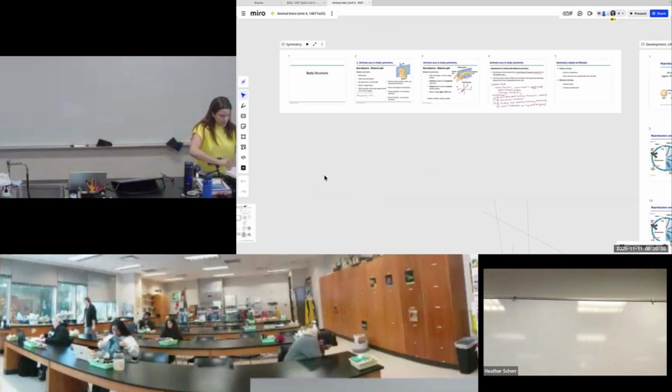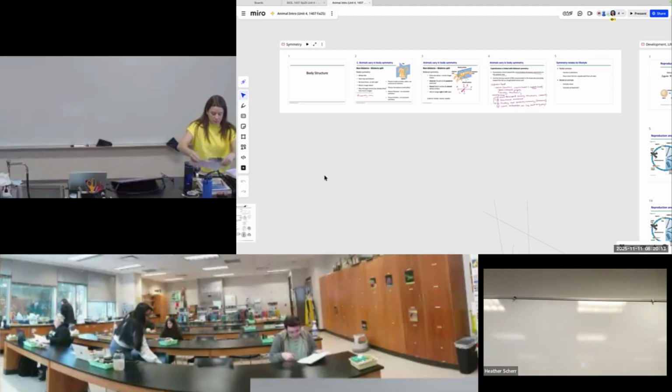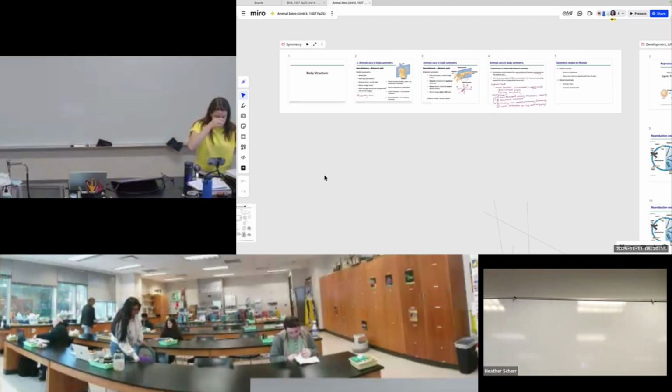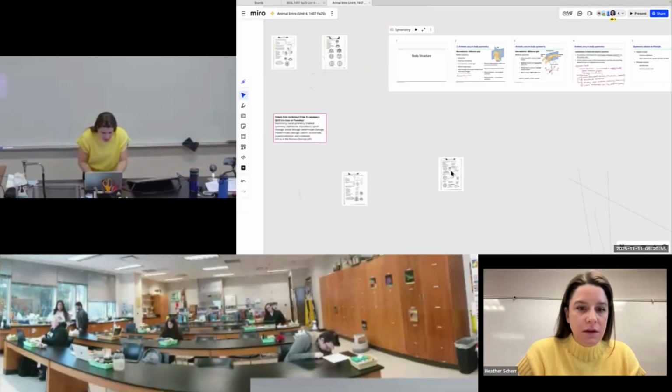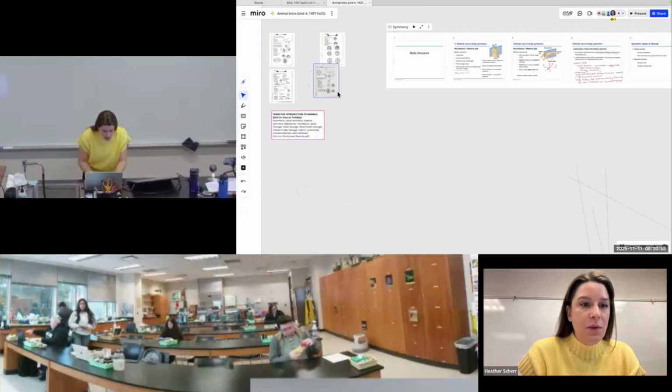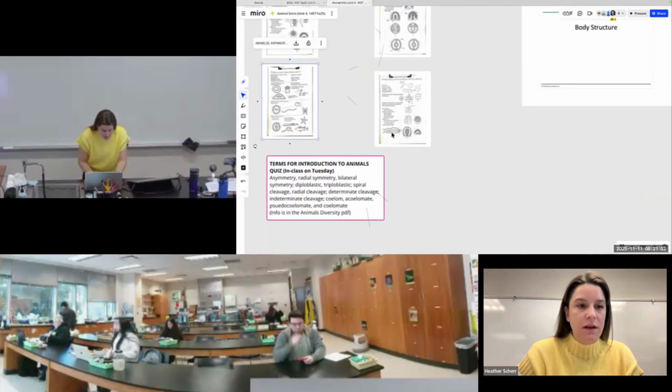This is just a little more efficient than me drawing everything, because it takes a little bit of time. I will draw the life cycle, but I think it's a little easier to color these things. I do have them on the board if you prefer to use them from there.